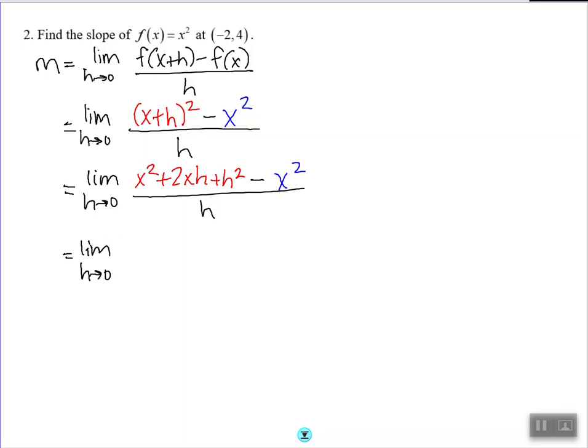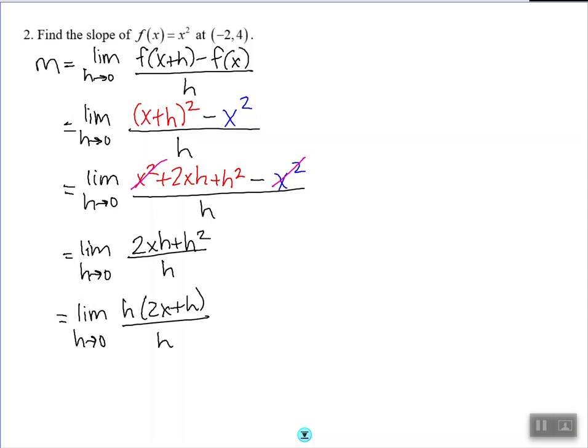Now we can simplify our numerator. The x squared and the negative x squared cancel out, so I'm left with 2xh plus h squared over h. I'm going to factor out the GCF of h in the numerator, and then I can cancel that with the h in the denominator.